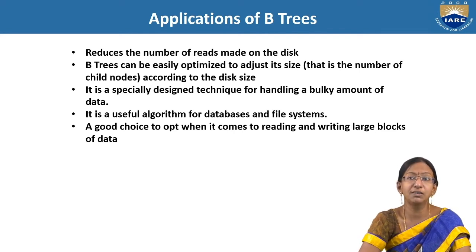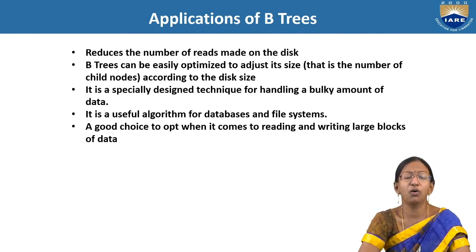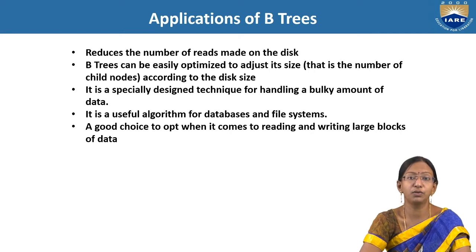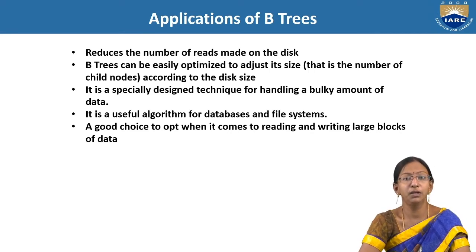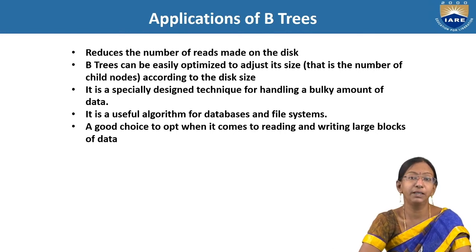I can say even more than half of the search area is reduced with each and every iteration. Right? So B trees can easily be optimized. Adjust its size according to the disk size. Based upon the disk size, we can easily increase the number of children or raise the order of the tree, so the height will be reduced drastically. It is a specially designed technique for holding bulk data.